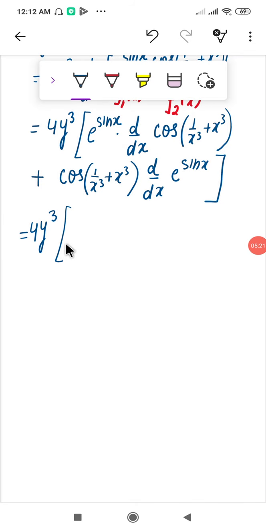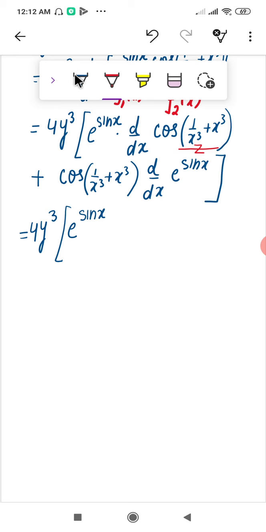So we proceed with e to the power sin x, and if you want to differentiate this function, then play the same trick. Write this expression, replace this expression with some other variable, say z.